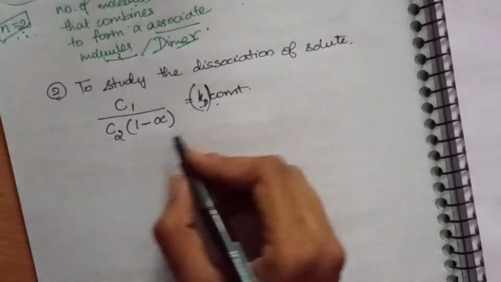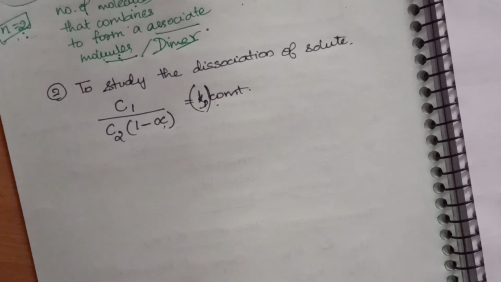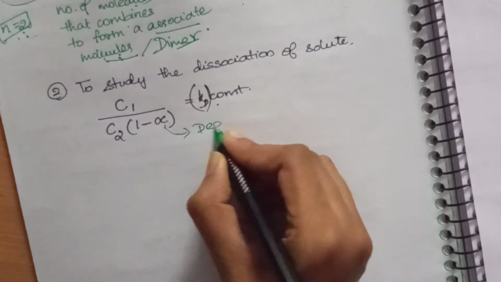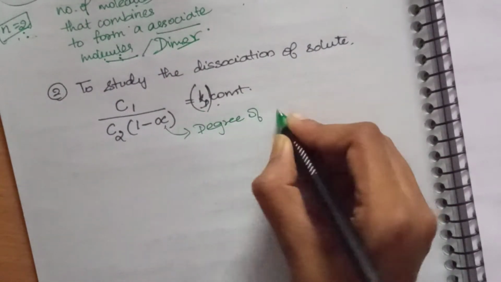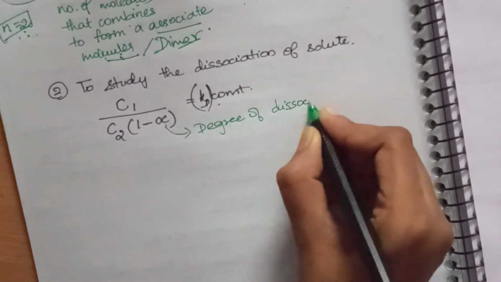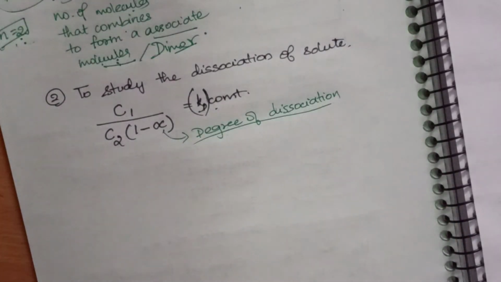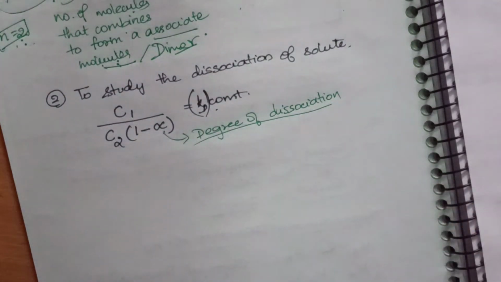Here alpha is the degree of dissociation. That means how many molecules are involved in dissociation, that is being dissociated.